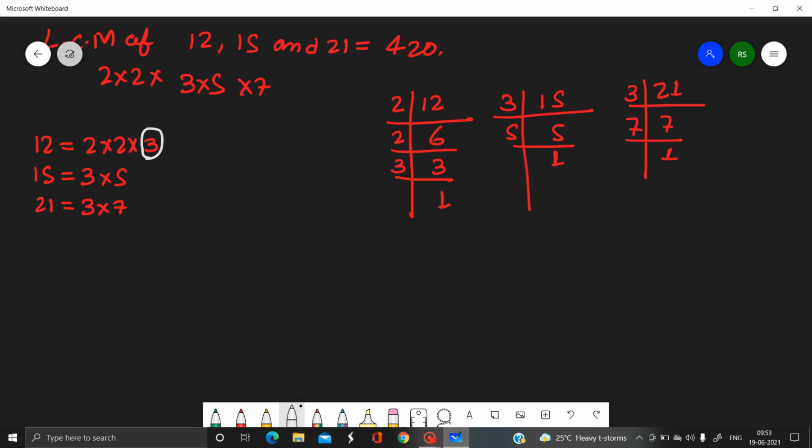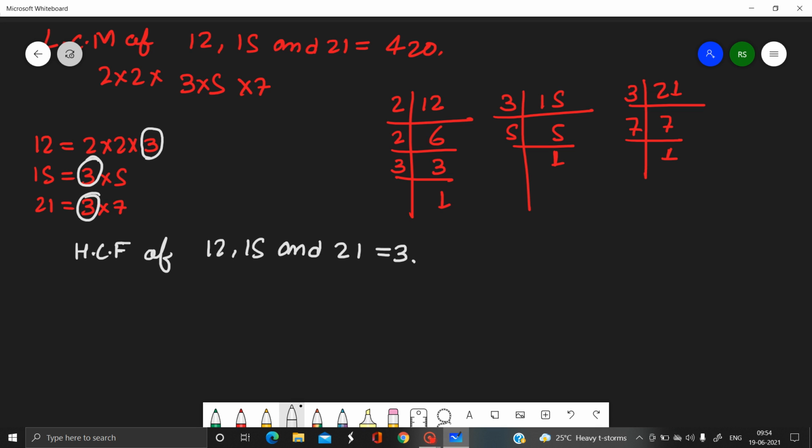Here is 3, here is also 3, and here is also 3. So in the three numbers 12, 15 and 21, the highest common is 3. So I can write here HCF of 12, 15 and 21 is equal to 3.